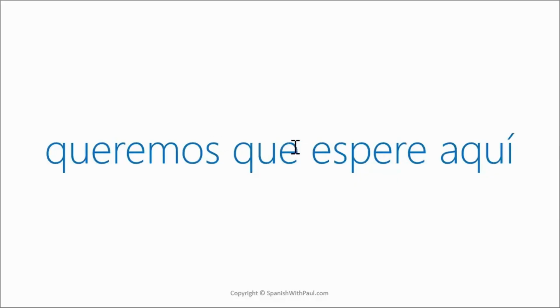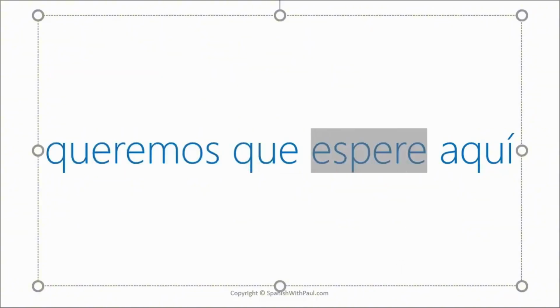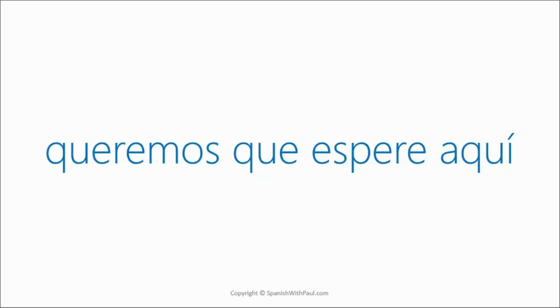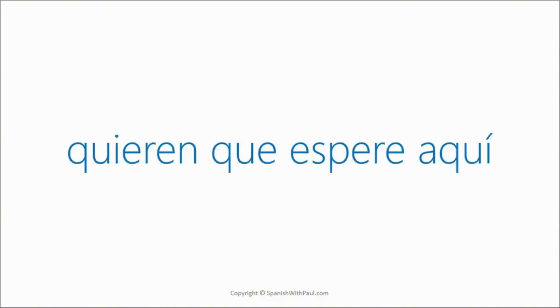Here you have your trigger, queremos que, so the next verb is in the subjunctive. What about they want him to wait here? How would you rephrase it in English? They want that he waits here. Now translate it into Spanish. Quieren que espere aquí.